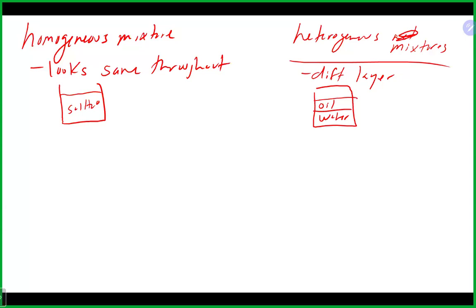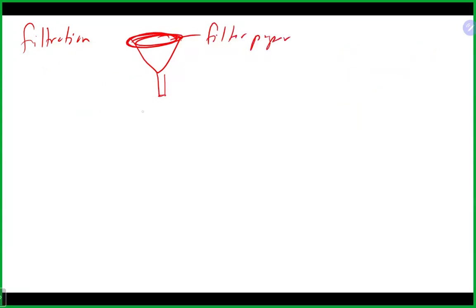Now, regardless of the type of mixture that you are dealing with, you can still separate them out through physical means. The two popular physical means we talked about is filtration. And filtration, like we have done in lab before, a little funnel, some filter paper. And that's a really good way to separate out a solid from a liquid, because when you dump that in there, the solid's going to get trapped up there on the filter paper.